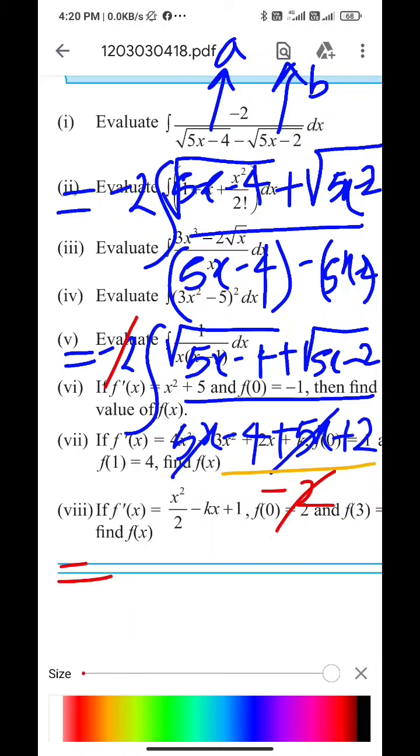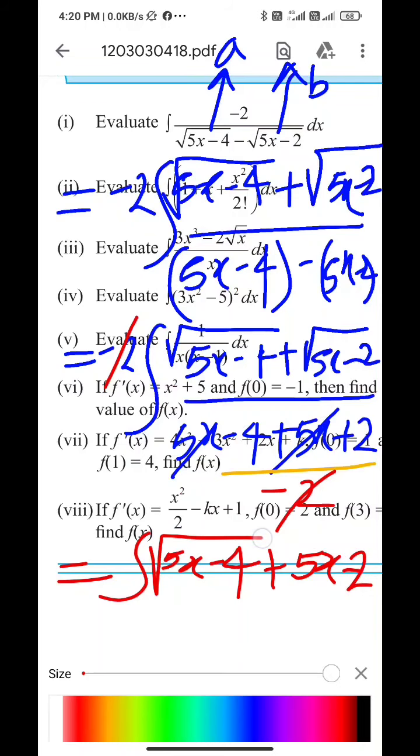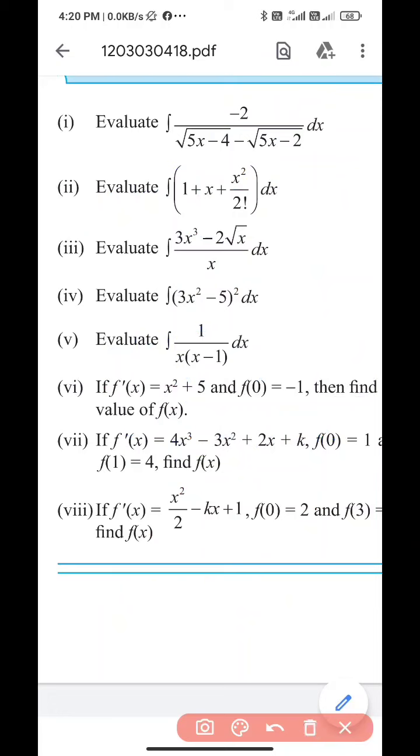So what is remaining here is square root of 5x minus 4 plus square root of 5x minus 2. Okay, so the next one, we can write the square root in the power form, that is 5x minus 4 to the power 1 by 2 dx.